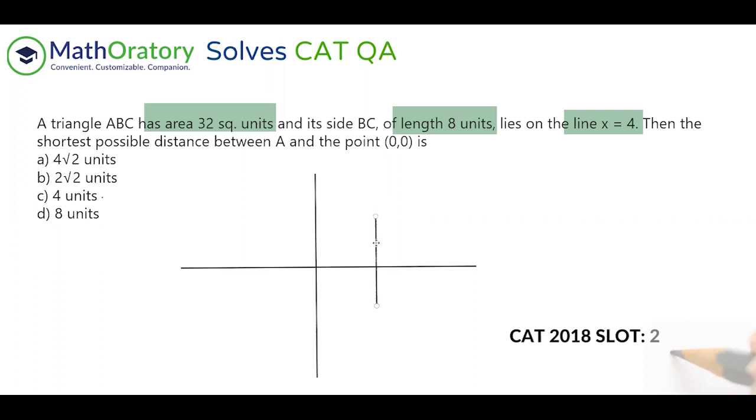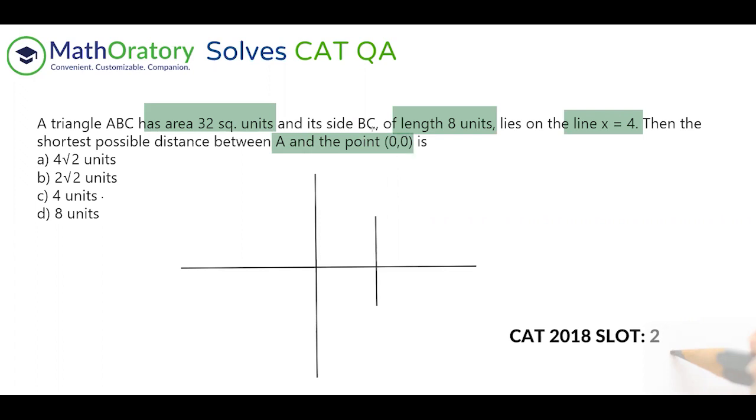So this is BC, and we are looking for the shortest possible distance of vertex A from the point 0, 0, the origin.